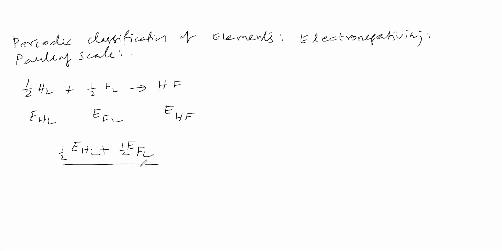We will take the average for this. Then we will get an arithmetic mean. If we want a geometric mean, we have to take the bond energy of H2 times the bond energy of F2, and take the square root.